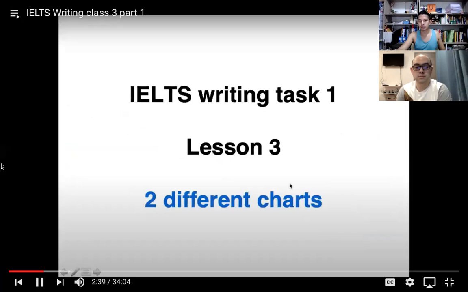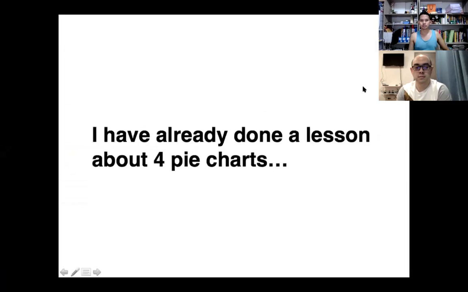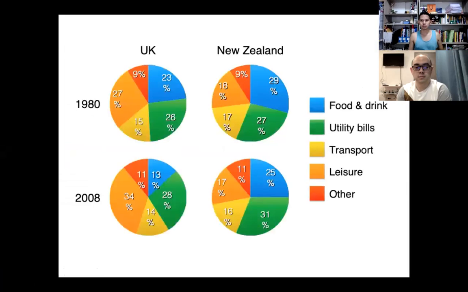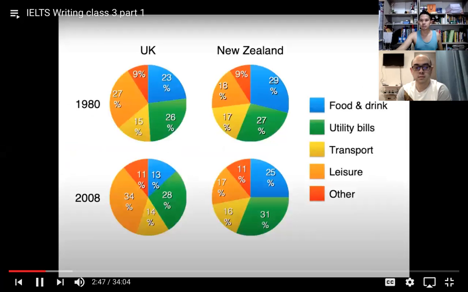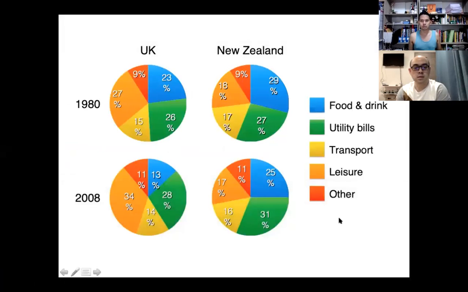Let's take a look at this file. We have 2 different charts. So I've already done a lesson about 4 pie charts. We are doing it again. So for the pie charts, when you look at pie charts like this, like 4 pie charts, you have to think what kind of categories can you mention in your task, like country, right?